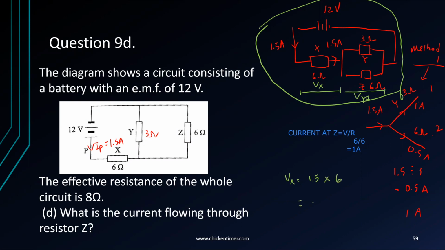Gives me 9 volts. That means the potential across Y equals the potential across Z, because they are in parallel, is 12 minus 9 equals 3 volts. So here is 3 volts. Then current equals V over R. So 3 divided by 6, you get 0.5. That's for Z.